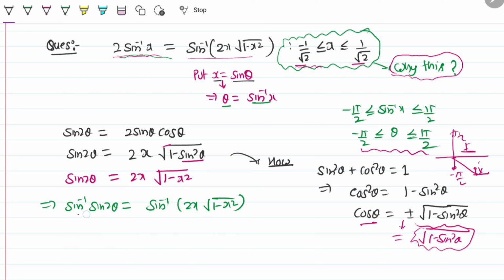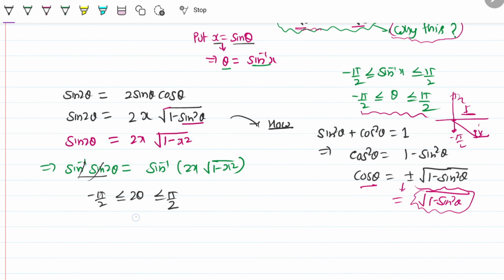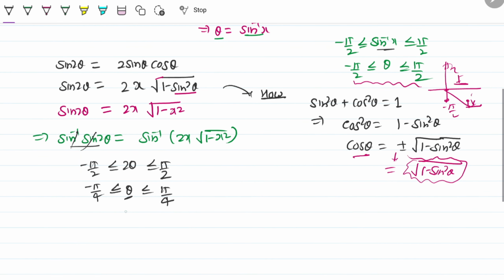Okay, sin inverse sin 2 theta cancels whenever 2 theta is from minus pi by 2 to pi by 2. So from here theta value is from minus pi by 4 to pi by 4. And what was theta? Theta is sin inverse x. So from here sin inverse x is from minus pi by 4 to pi by 4.